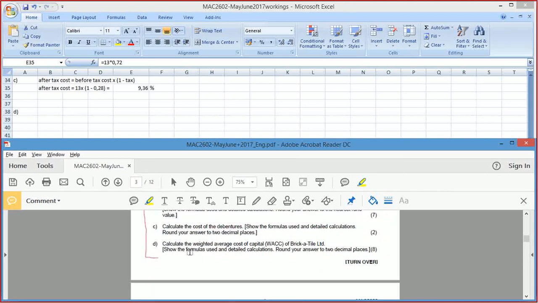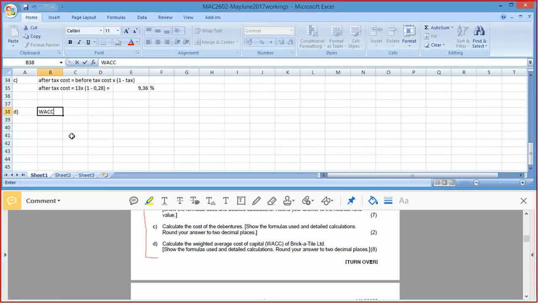Okay, D. Calculate the WACC of Brick and Tile. Okay, that's easy. WACC is brackets weighting of debt times cost of debt, and then add weighting of equity times cost of equity.